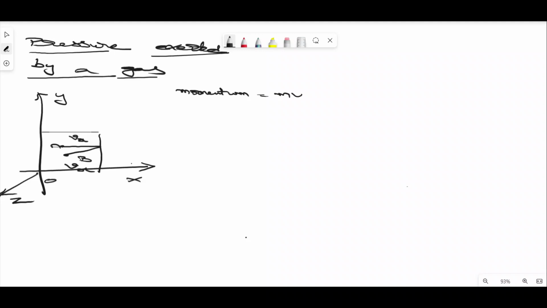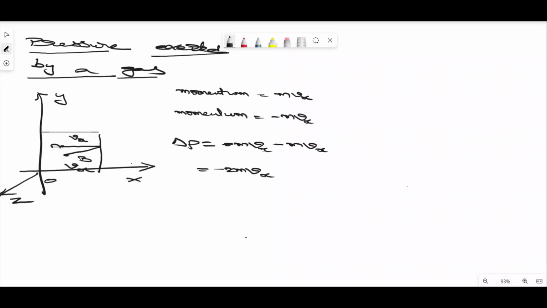When it is moving from point A, the momentum is represented as mass of the molecule into velocity, m v suffix x. When it returns back, the momentum is given as minus m v suffix x, because it is returning back along the negative x direction. Then the change in momentum is minus m v suffix x minus m v suffix x, final momentum minus initial momentum, which is equal to minus 2 m v suffix x.